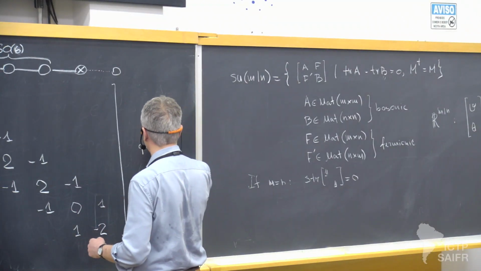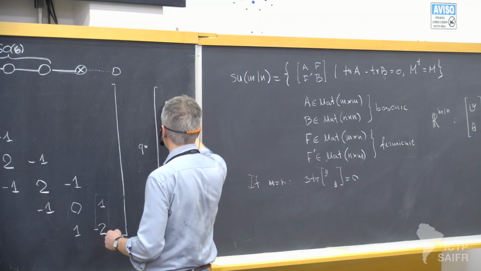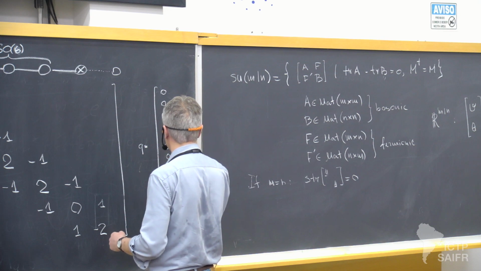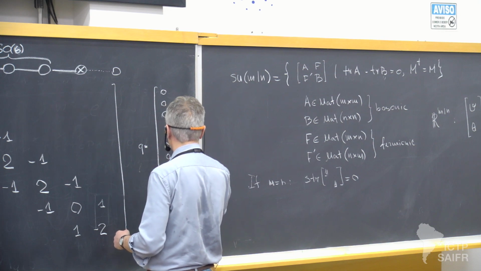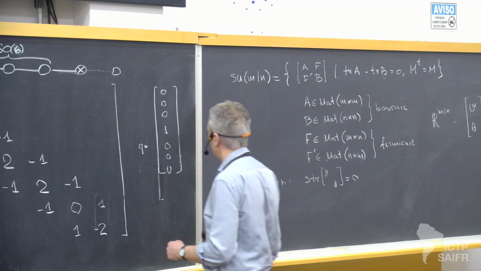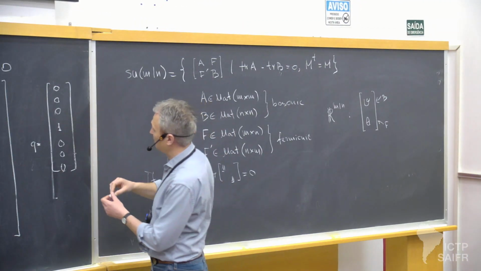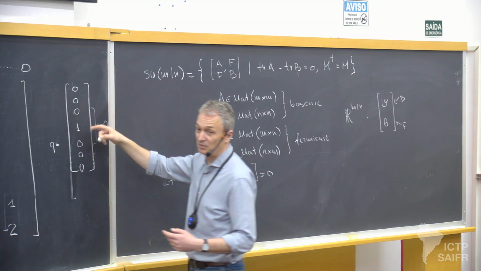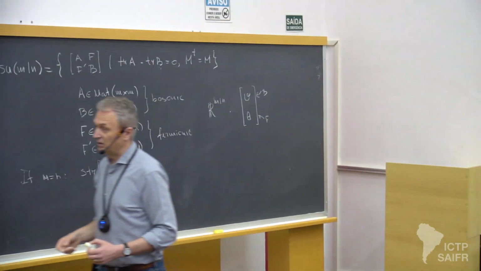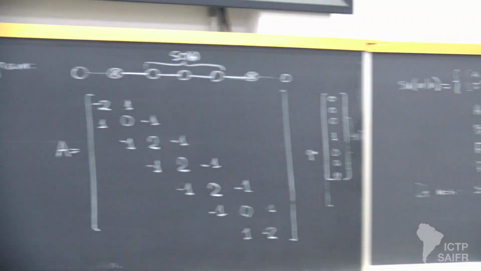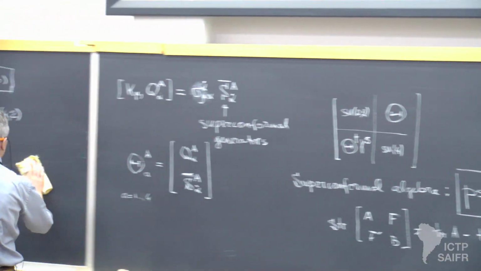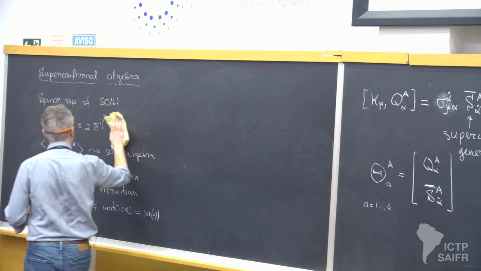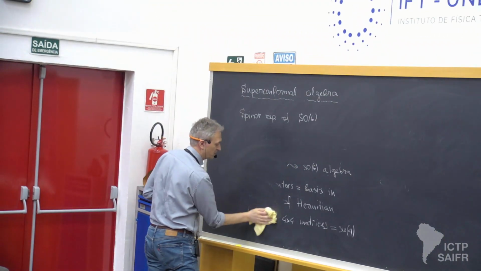For the Dynkin labels, we can guess that it's the same as for SO(6), right? For SO(6) we only had this middle part, so we just complement them with 0, and that defines a set of Bethe equations that describe the full spectrum of super Yang-Mills at one loop.